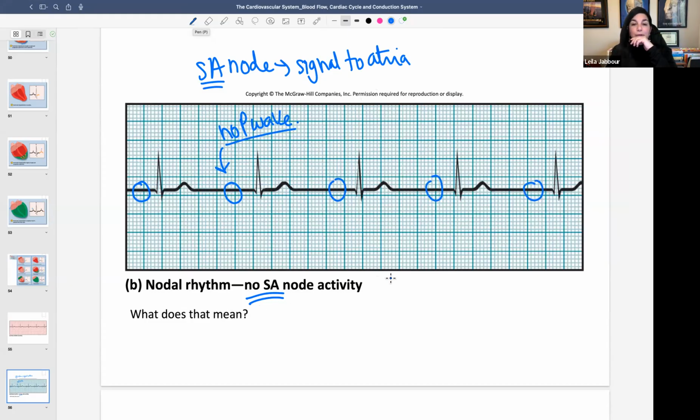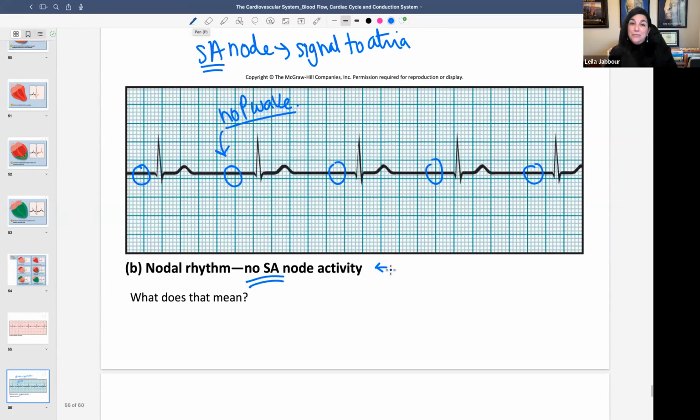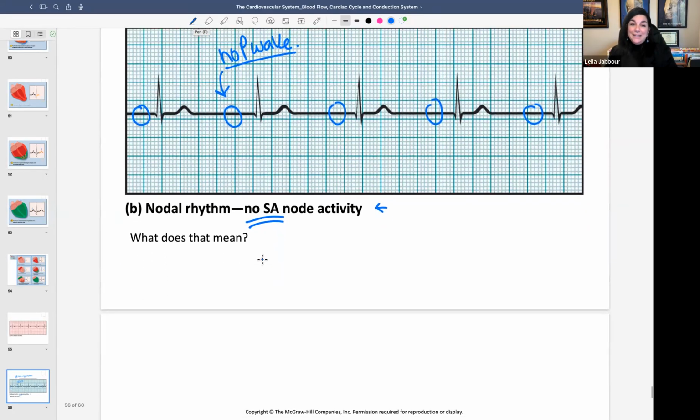Okay, so I kind of gave you the answer here. No SA node activity. What does that mean? That means that there is no P wave. You cannot contract the atria. Is it bad? Is it kind of okay? We can still survive that. Think about that.